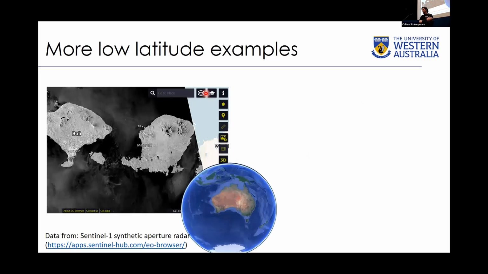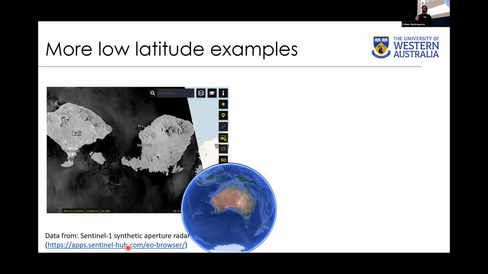So going back to the low latitudes, before I showed an optical image, but there is this Sentinel-1 satellite which has synthetic aperture radar on it, and you can go to this website and browse these images.